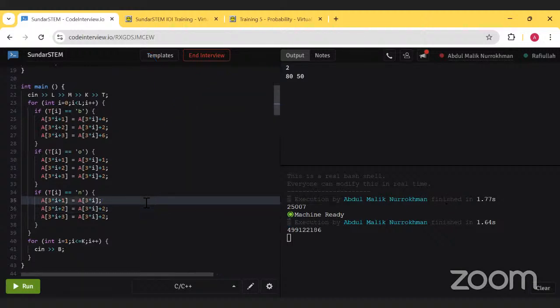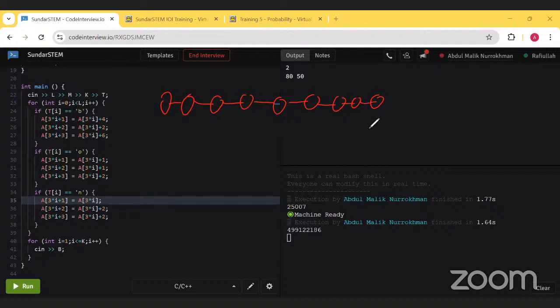Okay, so what is array A? Array A means like this. If we have a line graph here, 0 means here, 1 means here, 2 here, 3 here, and so on until n.